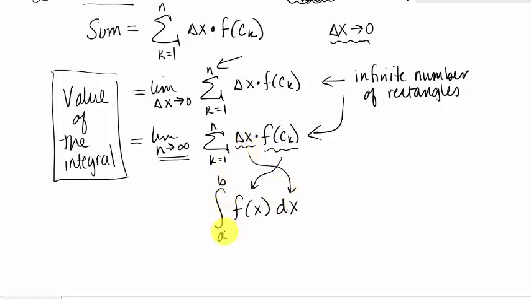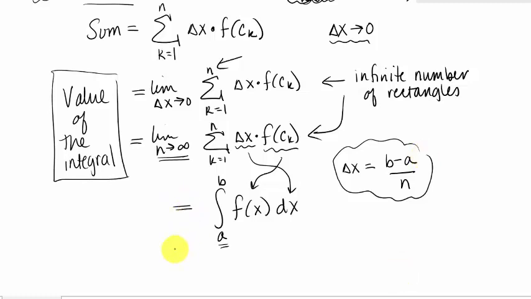And then the a and the b, remember, our delta x was equal to b minus a all over n. So the a and the b are kind of hidden. You don't always see those in the summation notation, but they are there at the beginning when we calculate this delta x. So essentially what we've done is translated our Riemann sum into an integral sign.